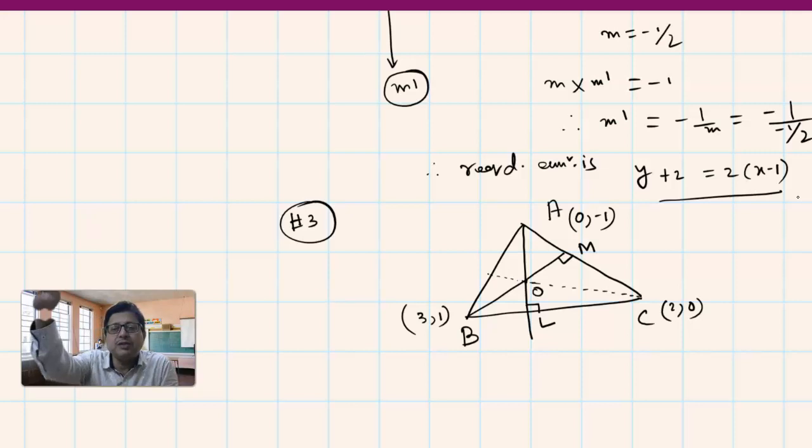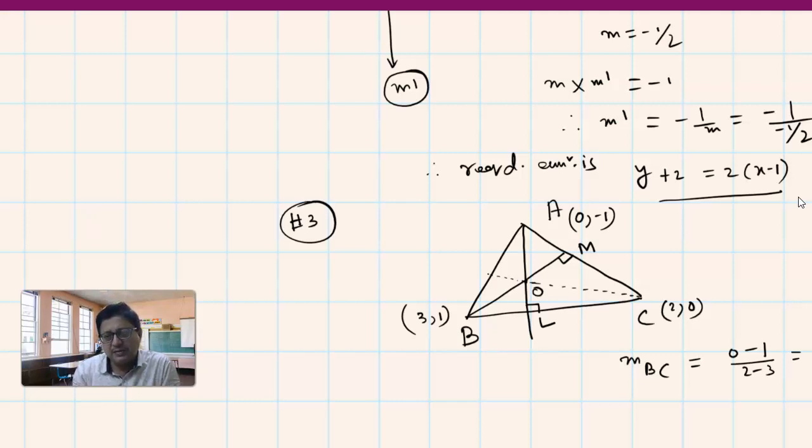So to find the orthocenter, we need to find the equation of AL first. Let us find the slope of BC here. That is (0 minus 1) by (2 minus 3), which is 1. For its perpendicular line, the slope of AL is going to be what? As the product of slopes is minus 1, the slope of AL is going to be minus 1.